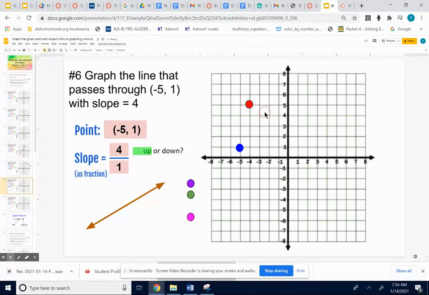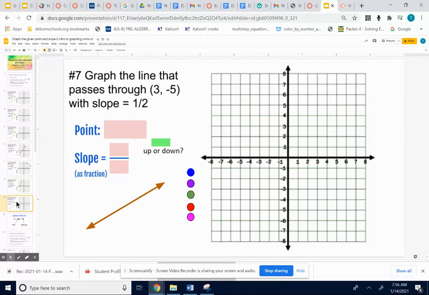There's my second point. And just try, as best you can, to show the line going through those 2 points forever and ever in both directions. So we started at negative 5, 1, and we traveled up 4 over 1.